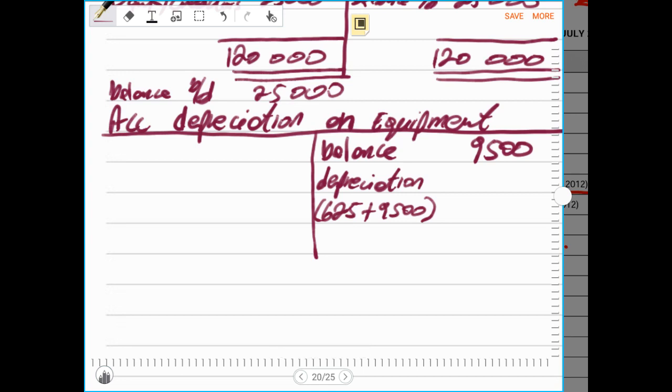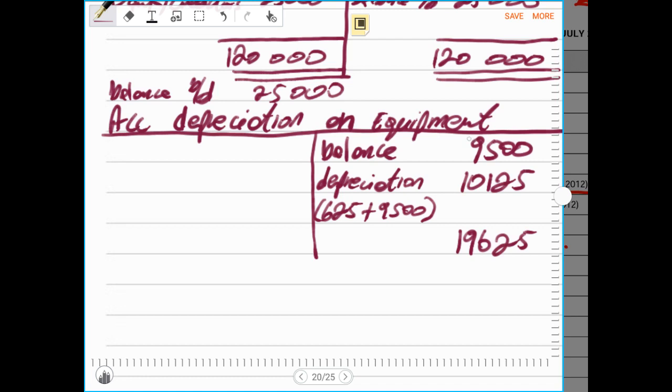So if you add the two amounts, it should give you 10,125 rands. Then you say 10,125 plus 9,500. That will give us an amount of 19,625 rands. Now remember, take this into account.